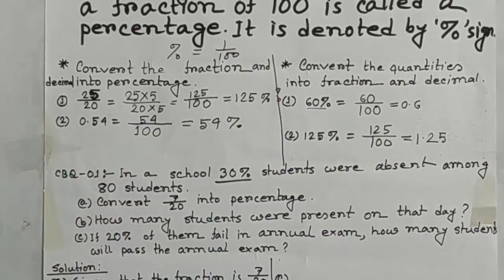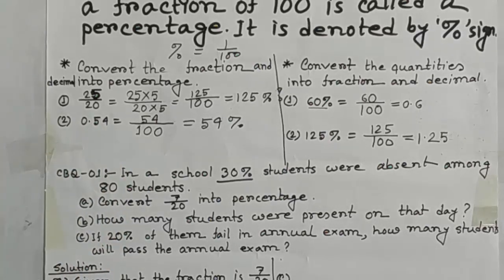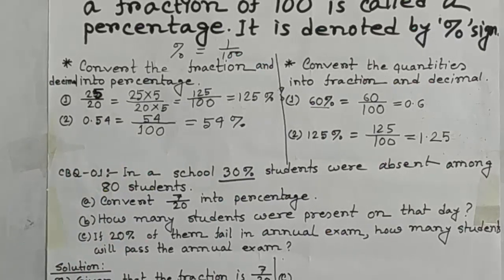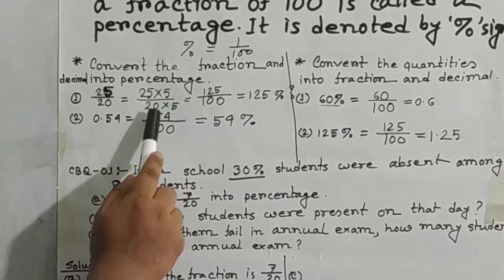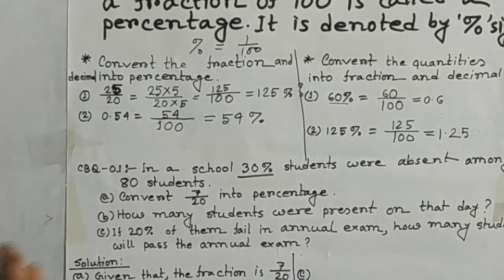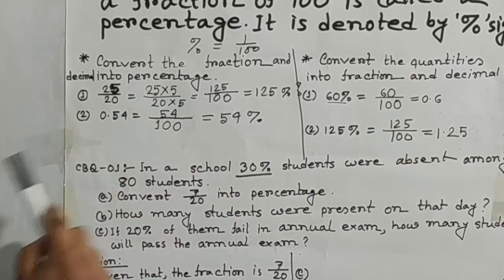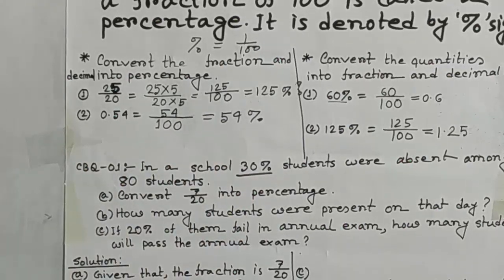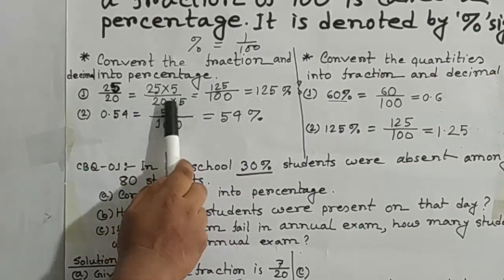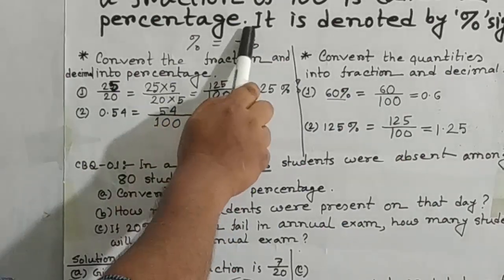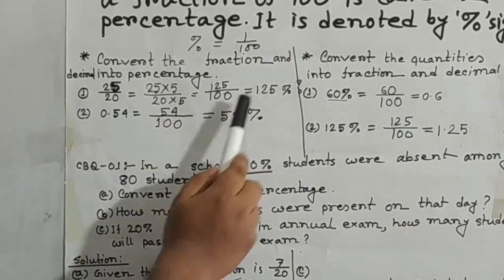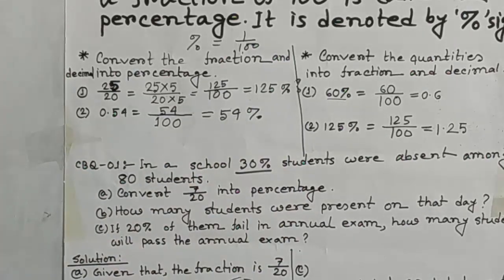This 5 is the number which is multiplied by both numerator and denominator. So 25 multiplied by 5 and 20 multiplied by 5. If we multiply 25 by 5, we get 125, and if we multiply 20 by 5, we get 100. We know that percentage means 1 by 100, so we can write 125%.